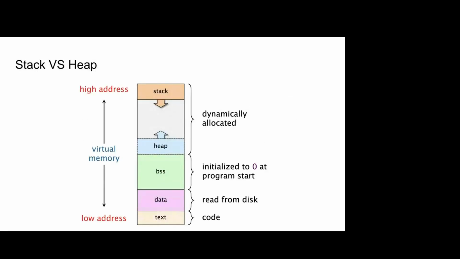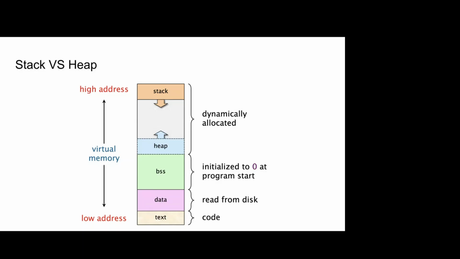So, first of all, what is a stack and what is a heap? Well, a stack is a part of the computer memory that stores temporary data or values for function calls. It follows last in, first out. So basically, the things that get put into the stack go to the top of the stack, whereas the things that get taken out are taken from the top of the stack.